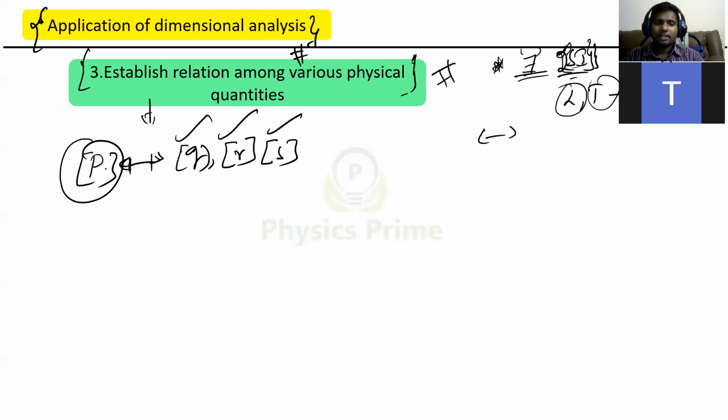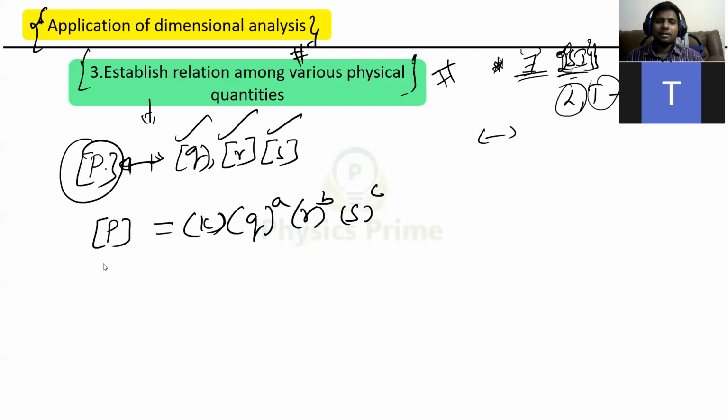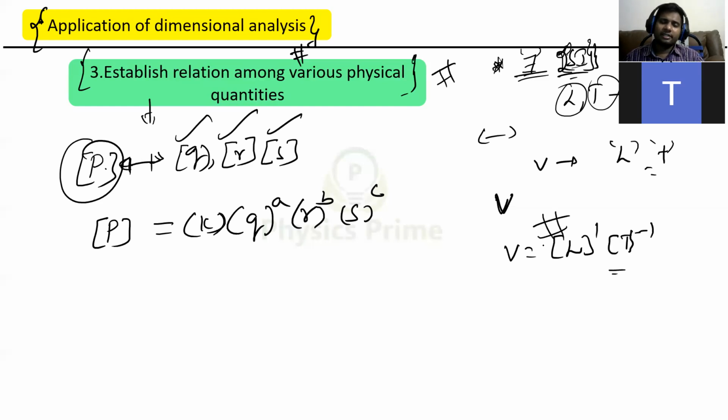So now the dimension of this P should be equal to some constant, which you don't know by dimensional analysis, into Q power A, R power B, S power C. Example: velocity depends upon length and time, right? You write velocity is equal to L power 1, T power minus 1, because you know it. But every time you cannot know what the formula is.